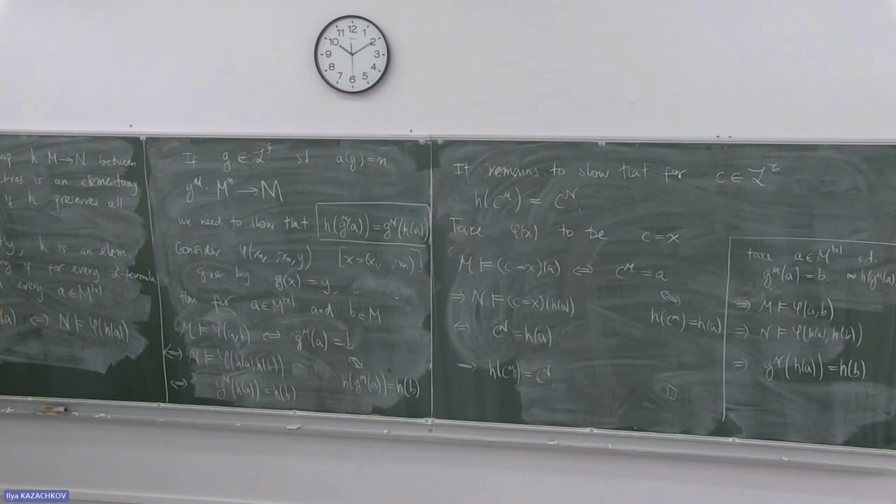So the only observation I'm making here is that you will find in books perhaps this definition of elementary embedding. The one I gave you here says h preserves, which is usually defined as just one direction. But since we have negation along all the formulas, this will be an if and only if at the end of the day. They're equivalent. Of course, this seems stronger, but in the presence of negation, we always have this if and only if, okay?